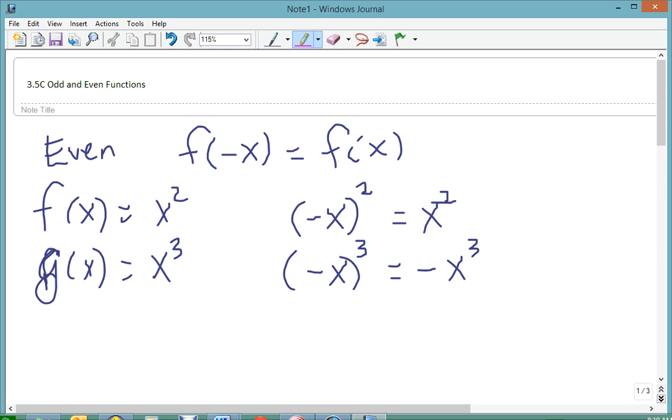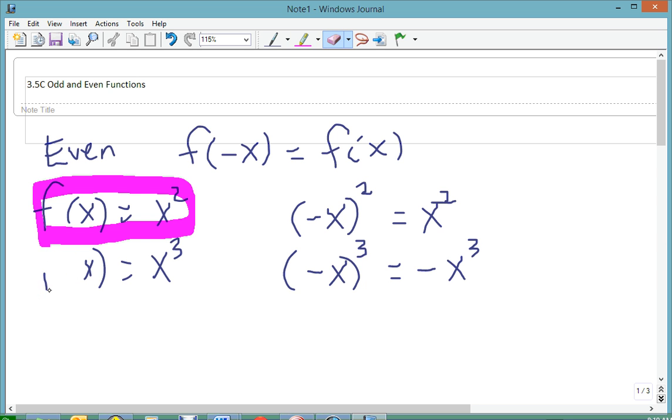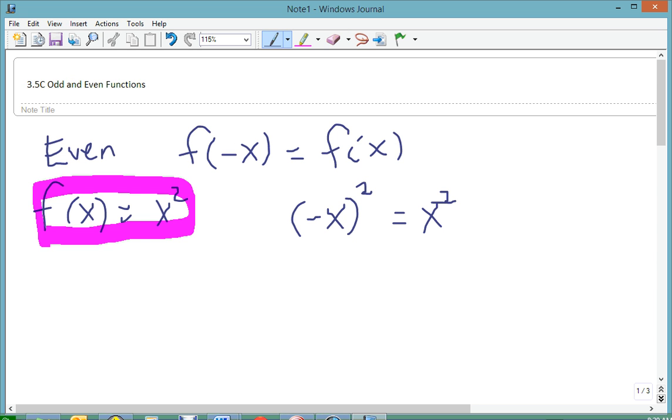This is an even function. Now, you probably can imagine that anything that had an even exponent is going to end up being an even function, because you'll have this even number of negatives when you plug in that negative x.